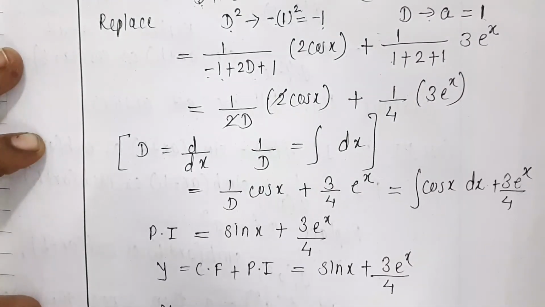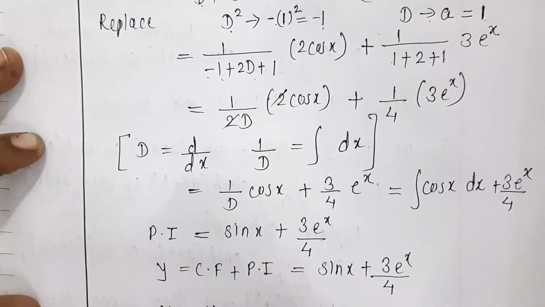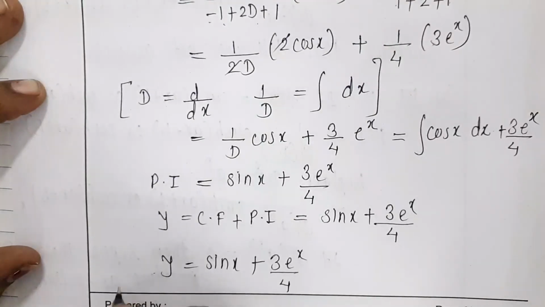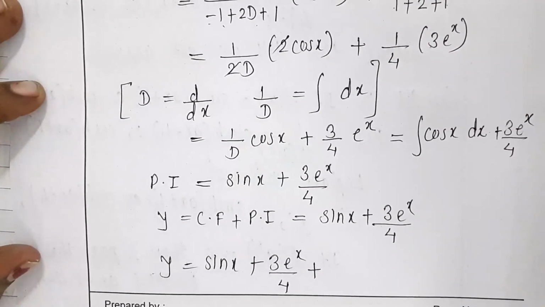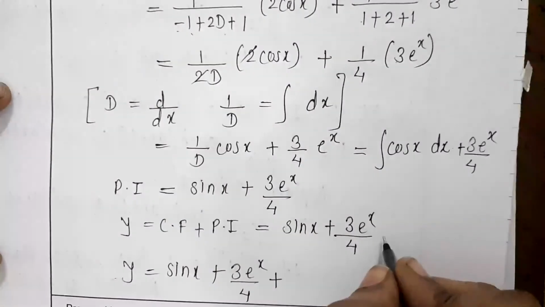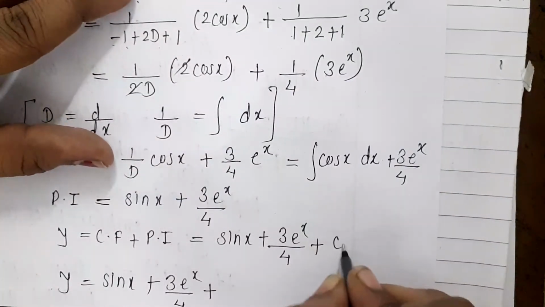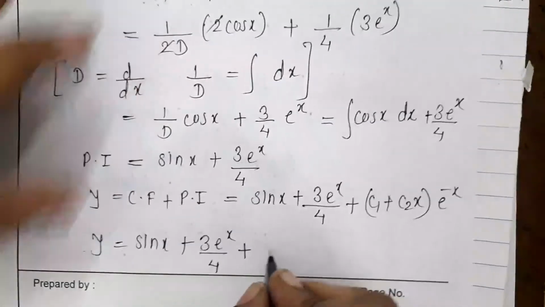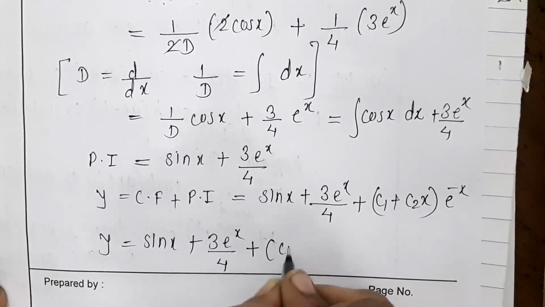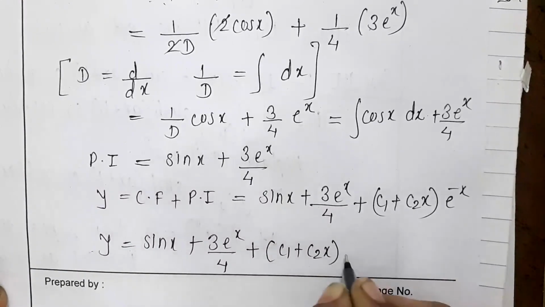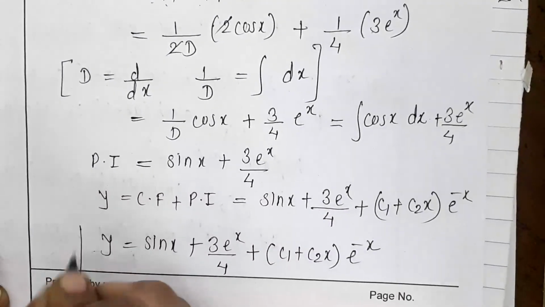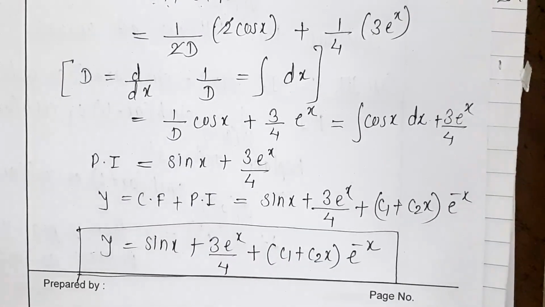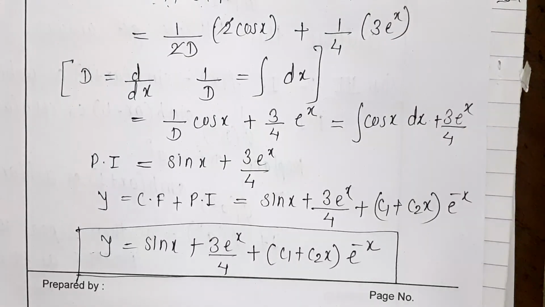So y is equal to sin x plus 3 e to the power x by 4 plus CF, which is (C1 plus C2x) multiplied by e to the power minus x. So adding both the terms, (C1 plus C2x) into e to the power minus x plus PI gives us the complete solution. So this is the complete solution for the given differential equation.